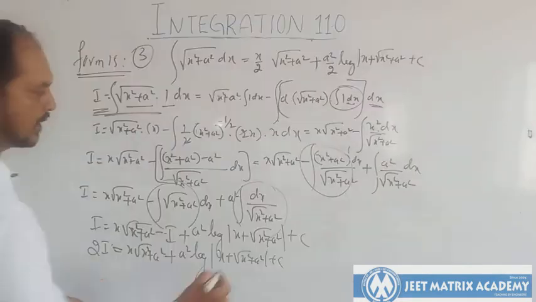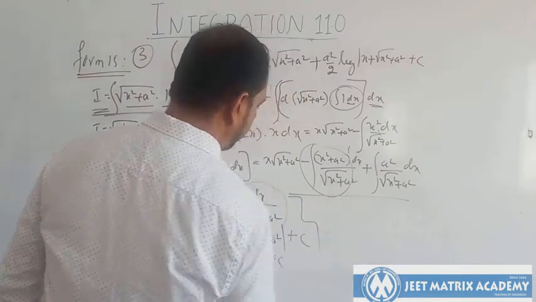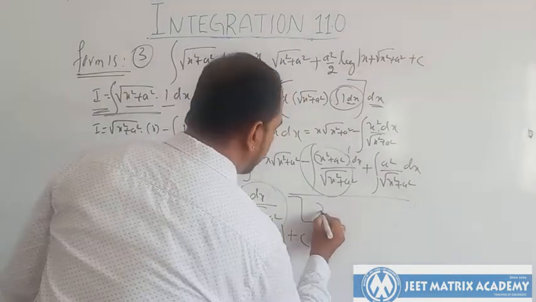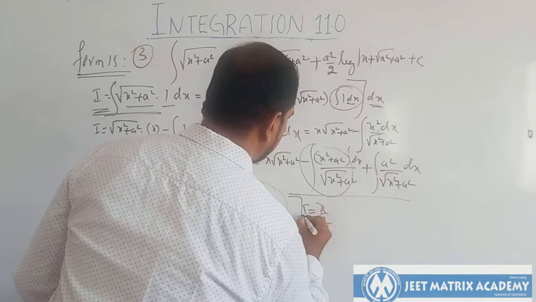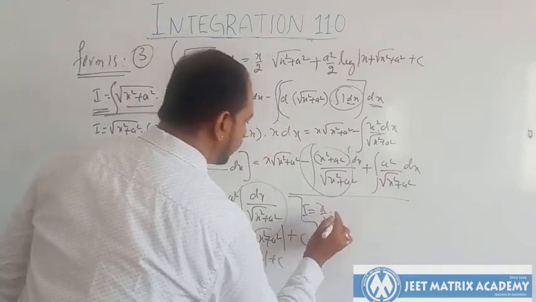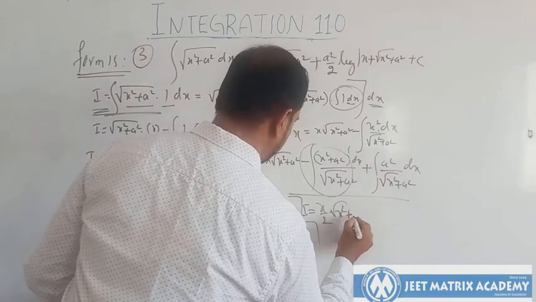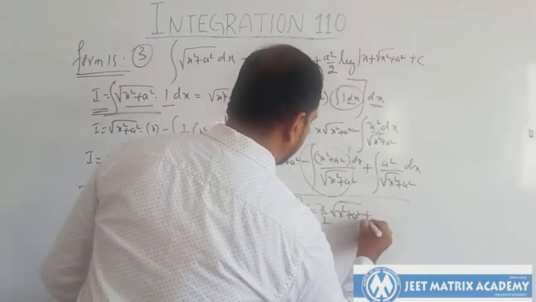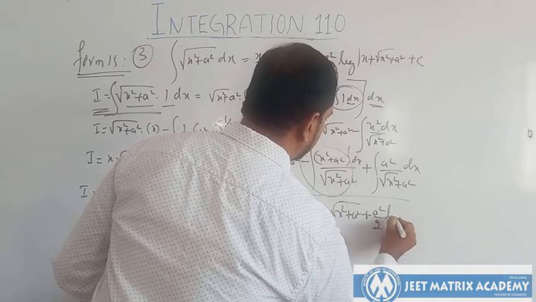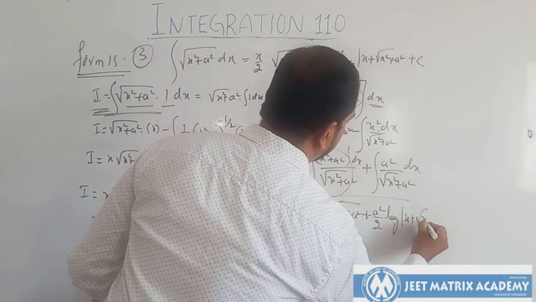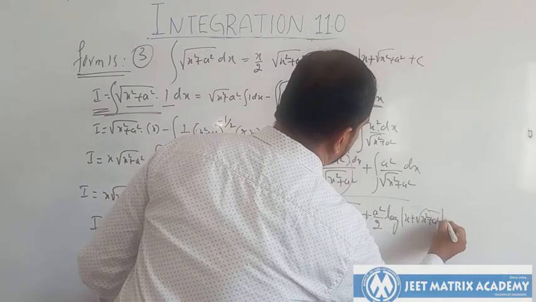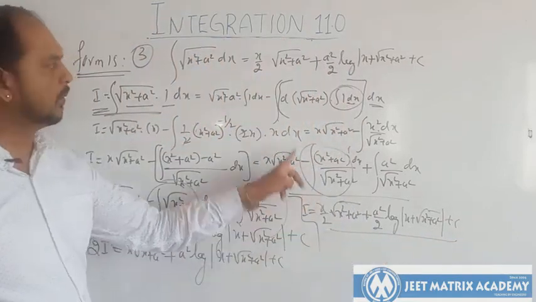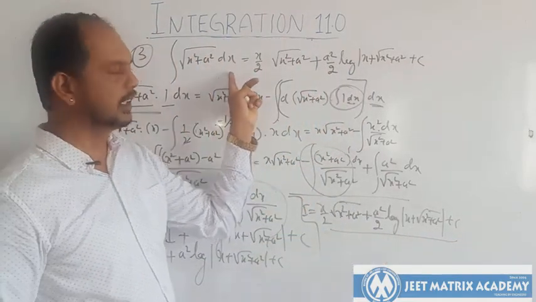If I take the 2 to this side, my integration will be x by 2 root of x square plus a square plus a square by 2 log of x plus root of x square plus a square plus c. This is the required result that we can see at the top.